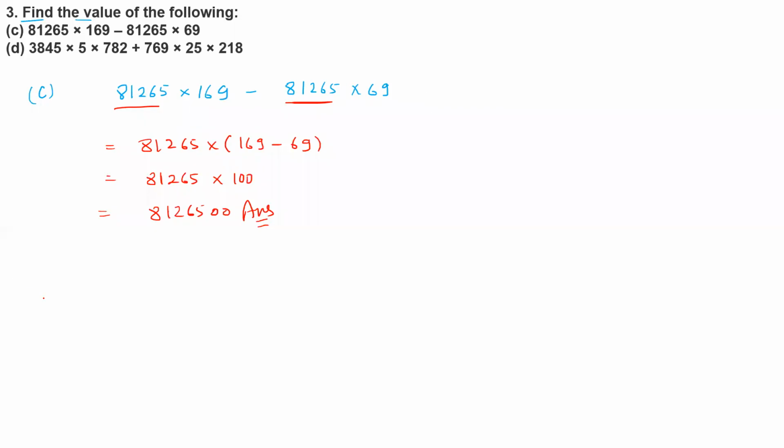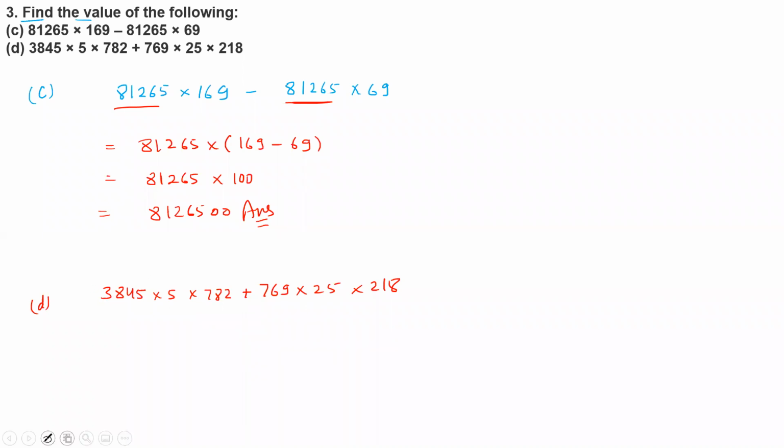Now part D is 3,845 multiplied by 5 multiplied by 782 plus 769 into 25 into 218. So how many terms are there?